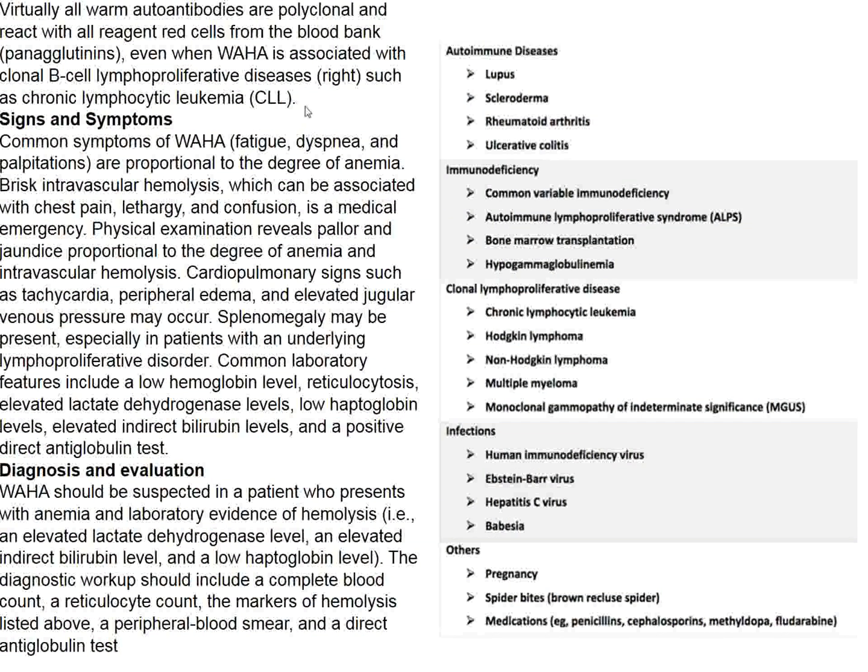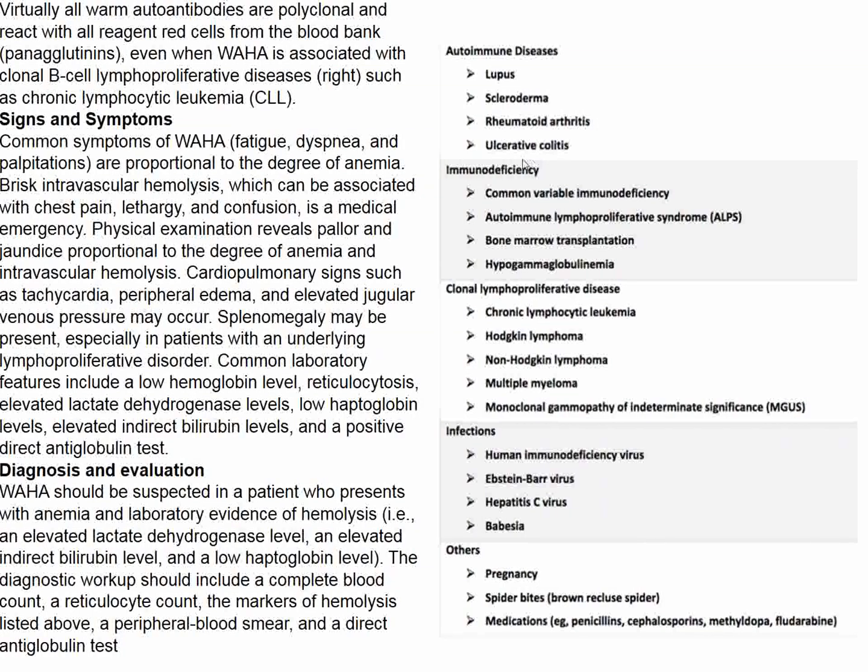Now, most of these patients have an autoimmune hemolytic anemia and no specific cause is ever found. But there are secondary causes that are less common. Lupus erythematosus, you might imagine that, rheumatoid arthritis, various problems of that nature.